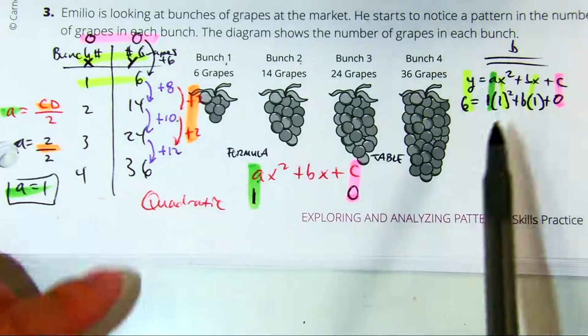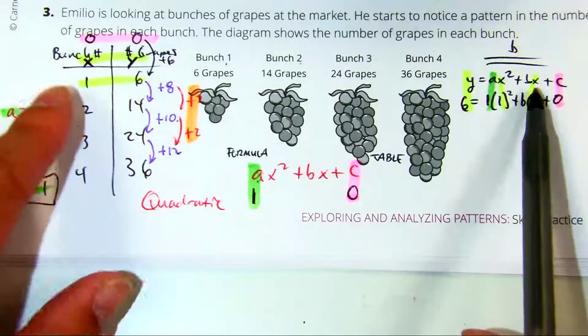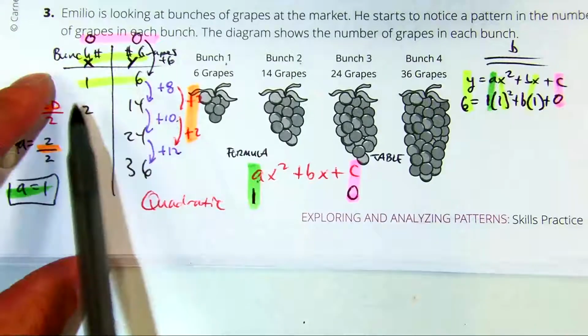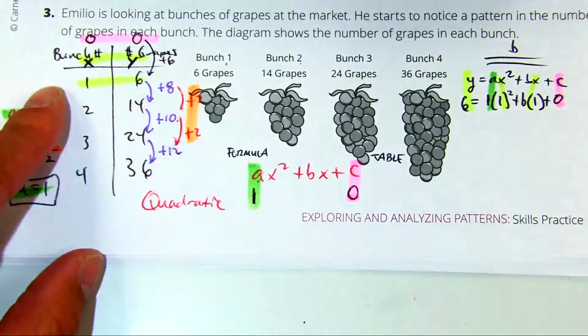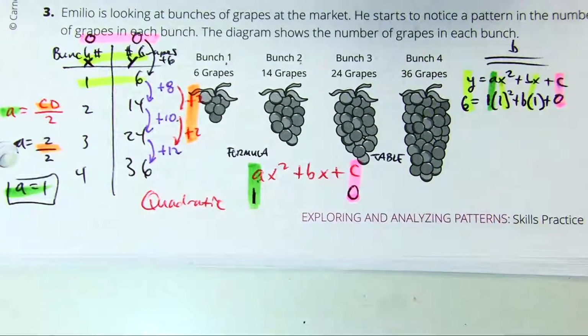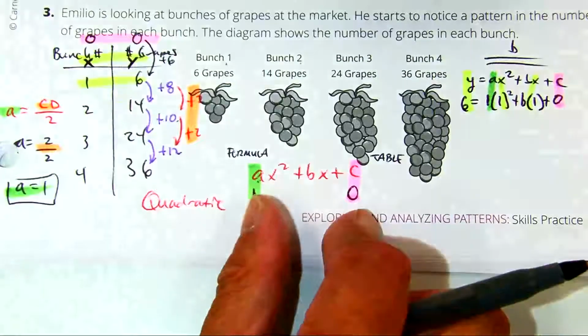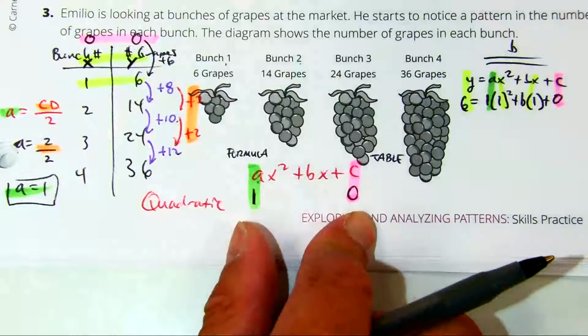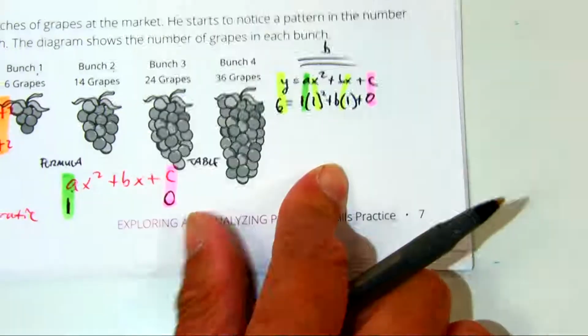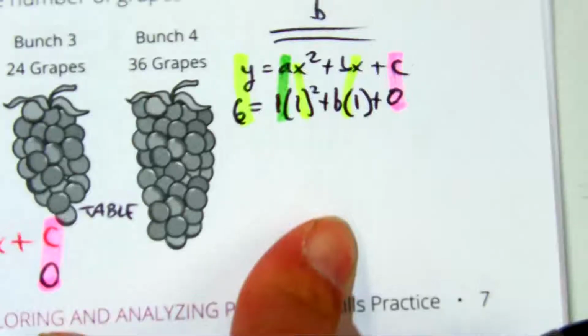So A value, C value, and then the X and the Y. You can pick any coordinate. I would pick the smallest number possible. I tried 0 and it didn't work. Okay, so all you have to do here is just solve for B. Class, what's 1 squared? 1.